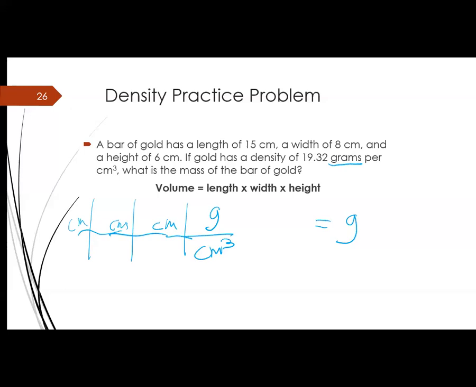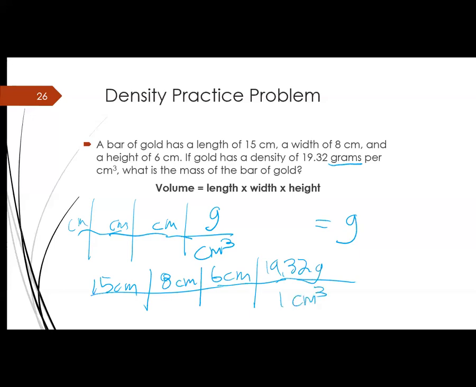Right? I can still find my volume in that way. It's my 15 centimeters times my 8 centimeters times my 6 centimeters. I can put my density in there, 19.32 grams, and my volume down at the bottom of it.